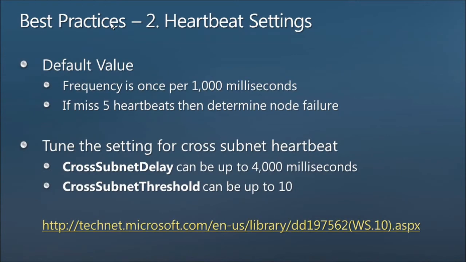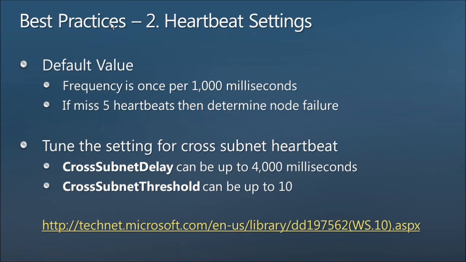If you are creating a Windows cluster across 2 data centers, you might want to change the default Windows cluster heartbeat settings. Windows cluster uses heartbeat to detect if a node is alive or down. By default, each node sends out one heartbeat signal every 1 second.